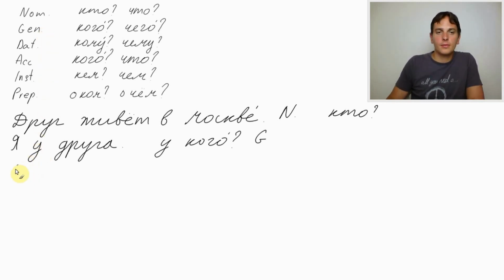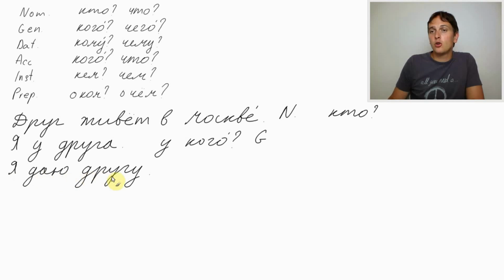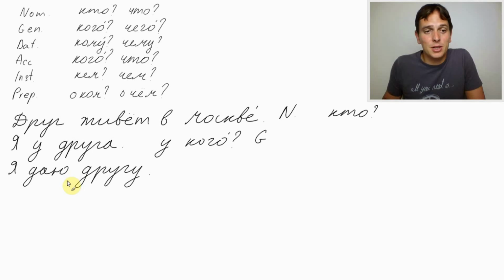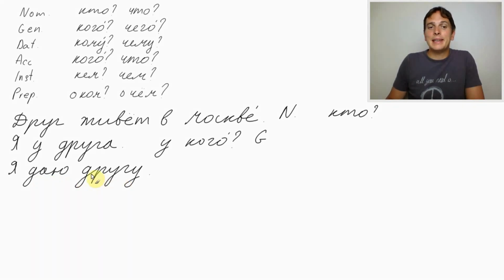Next one. Я даю другу. I'm giving to a friend. Я даю другу. I give to a friend. Here, as you see, there is no to in Я даю другу. Because to is built inside the word friend, другу. It answers the question кому.